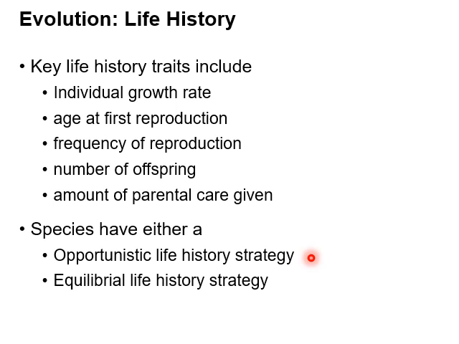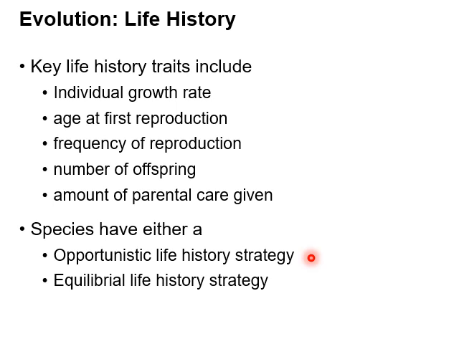If you get some raw ground beef, put it out on the counter and forget about it, a population of bacteria can take that opportunity and grow very rapidly, because individuals grow quickly, reproduce very young, produce a lot of offspring, and don't need to give a lot of parental care.